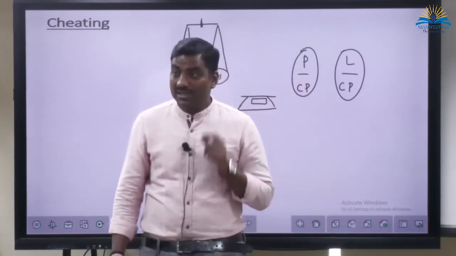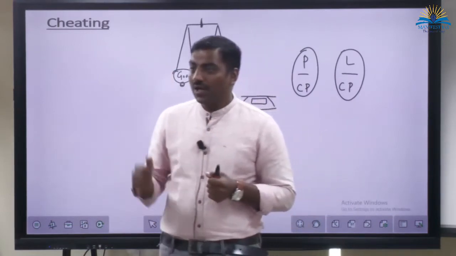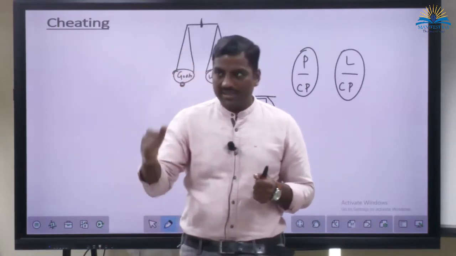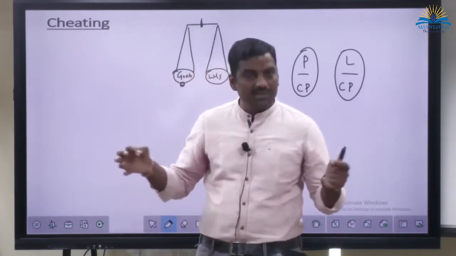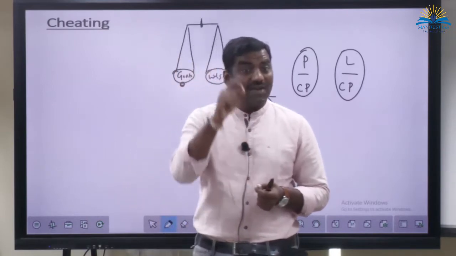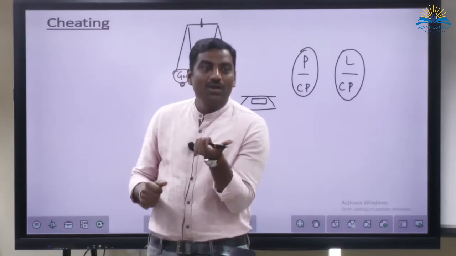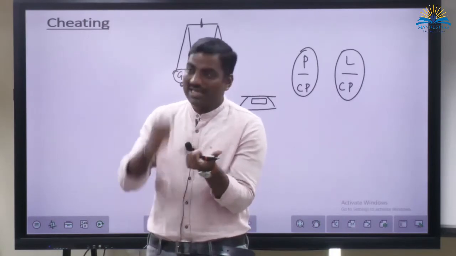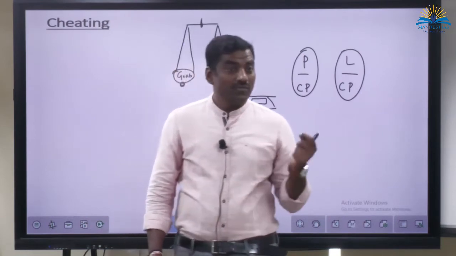Even for the street vendors who use these kg stones, or the liter jugs or cans we use for measuring something, even the meter scale, they have to get it certified every year. If you take a kg stone and look under it, there will be a seal given by the Department of Weights and Measures.